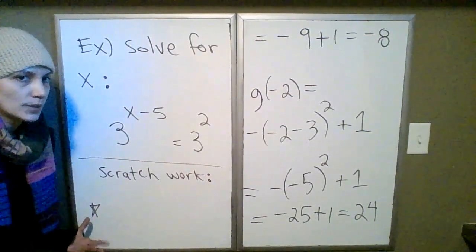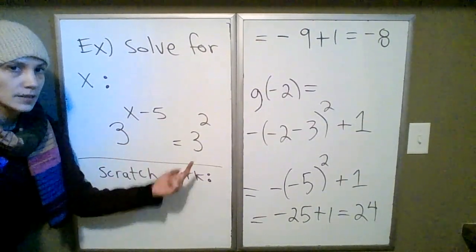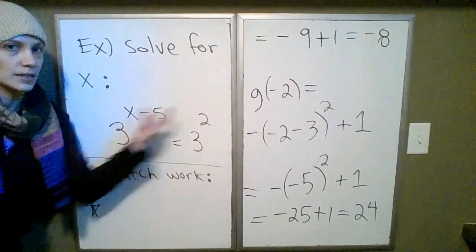So I'm just going to write down what I said earlier. Exponents are unique. So you get the same base 3. You have to have the same exponents. This has to equal that.